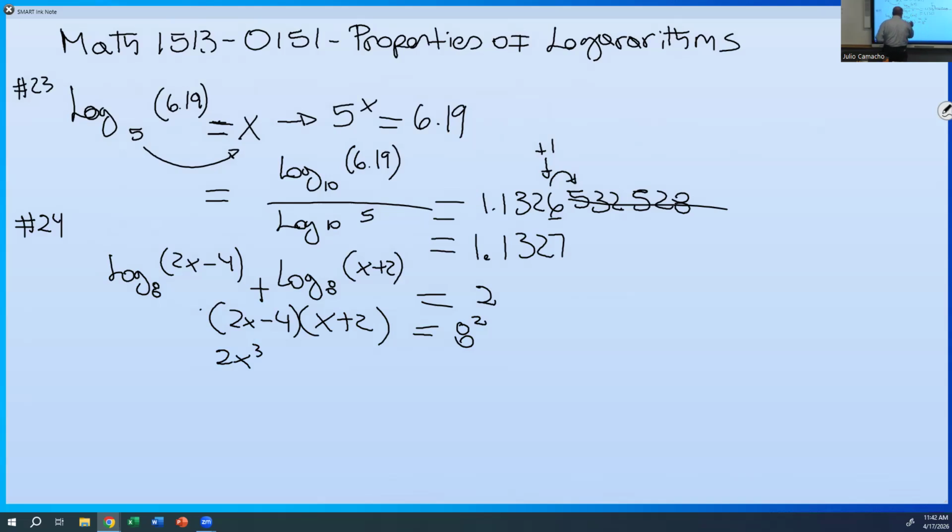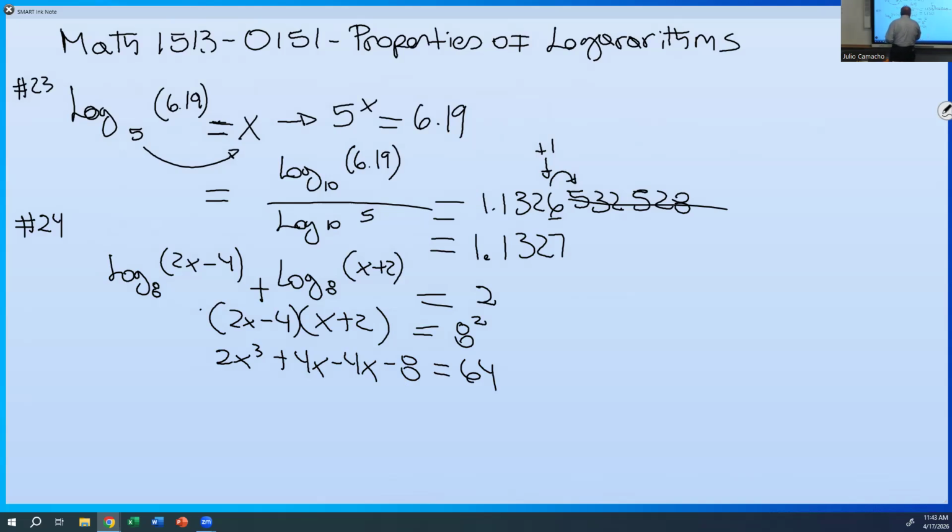And then 2x times 2, you have plus 4x. And then negative 4 times x is minus 4x. And then negative 4 times positive 2 will be negative 8. And that is equal to 64 because 8 to the 2 is 64.